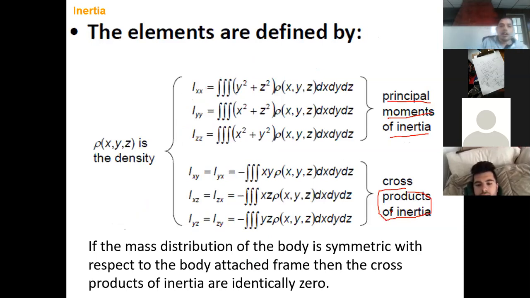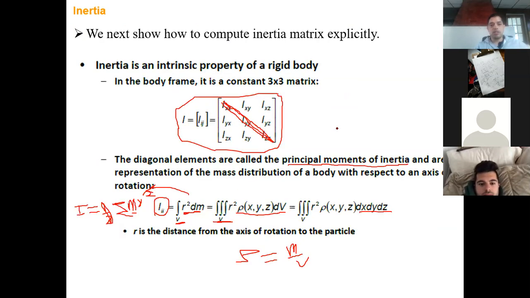Okay, now let me summarize this. So Ixx, this is the formula, as you saw in the previous slide. Now, depending on which plane we are talking about, your r will be different, right?